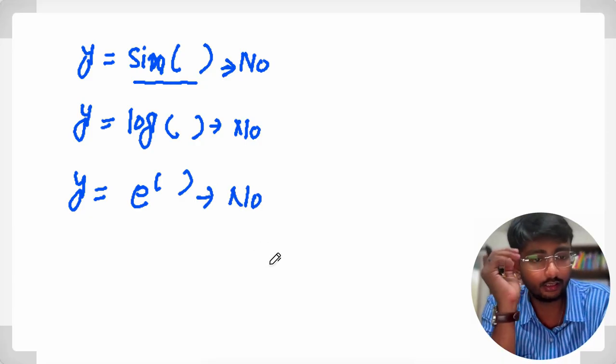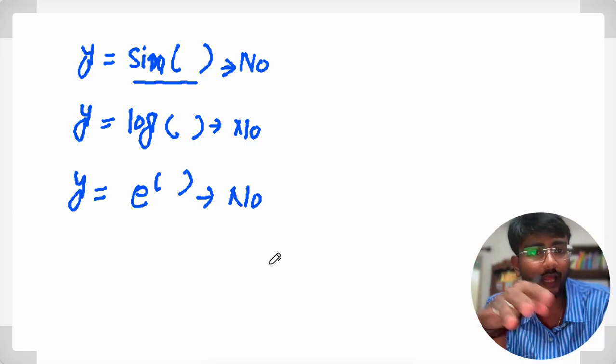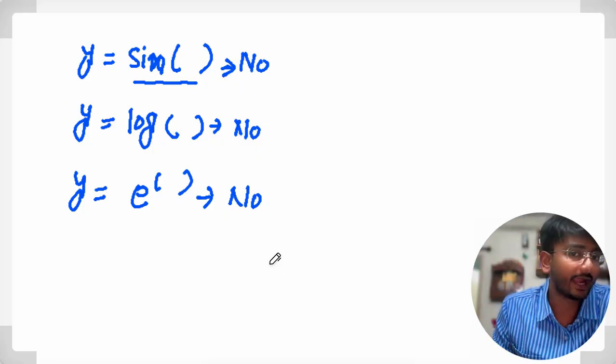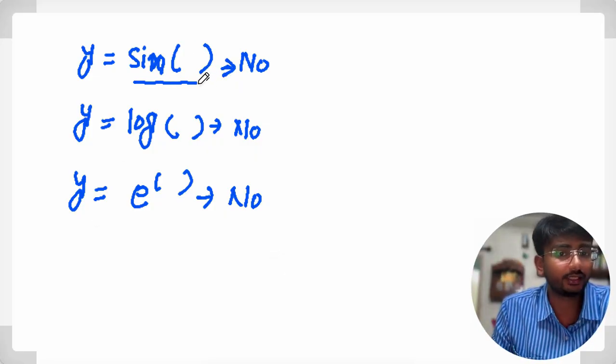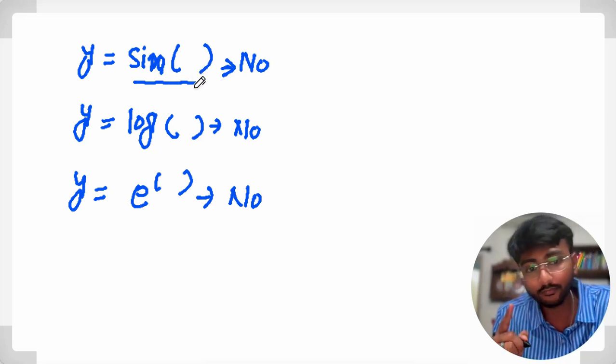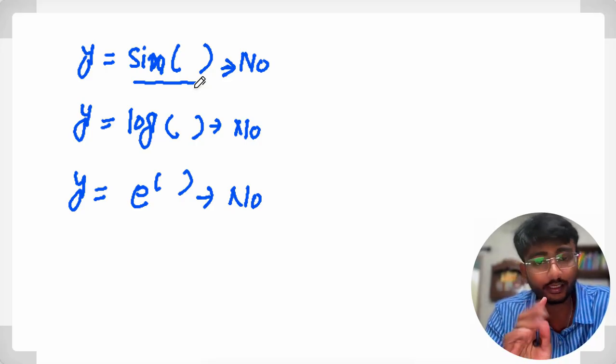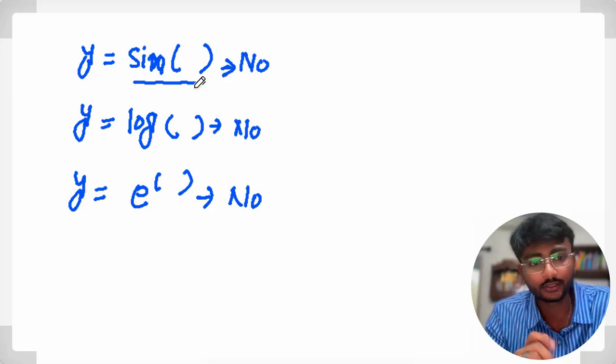So you know that a number is dimensionless, right? There is no dimension for a number. So that's why sine of anything will be dimensionless, and anything which is inside the sine will also be dimensionless. Why? Because sine is nothing but a ratio of two numbers, or it is an angle.